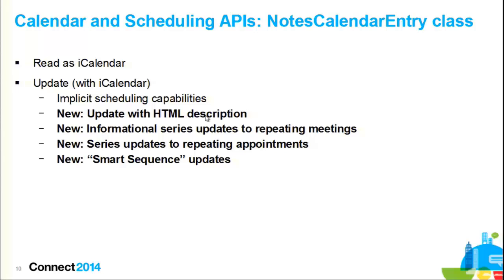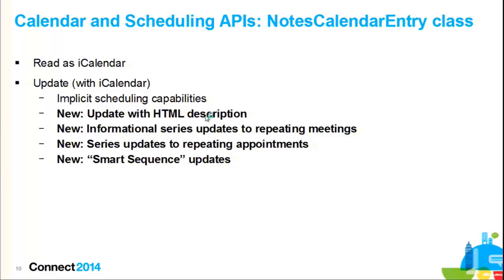And the next two bullets here are about recurring meetings. In 9.0, the APIs, although they allowed you to create repeating meetings, really only allowed you to modify one occurrence at a time. And there are reasons why there's some things that were tricky with how we want to allow series updates and whatnot. We've tried to tackle those here.